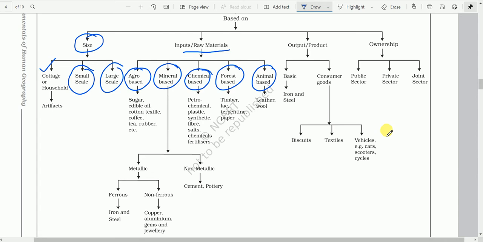Examples of agro-based industries are sugar mills, edible oil, cotton textile, coffee, tea, rubber. All these are examples of agro-based industries.